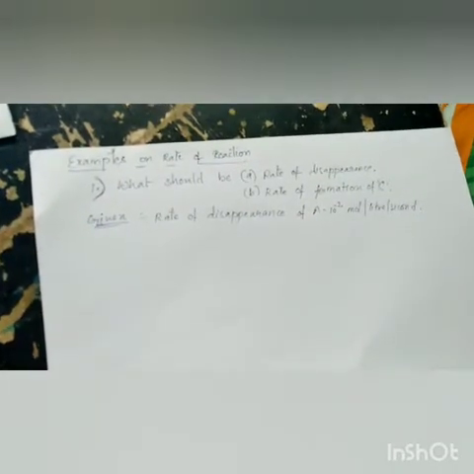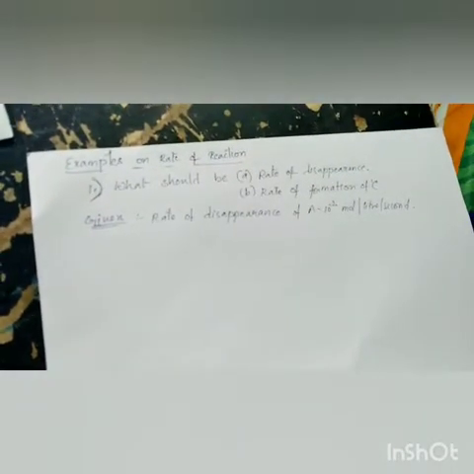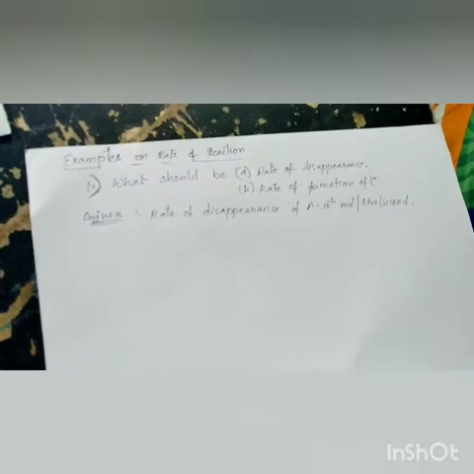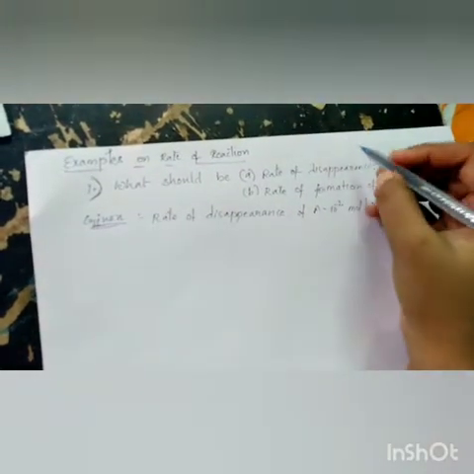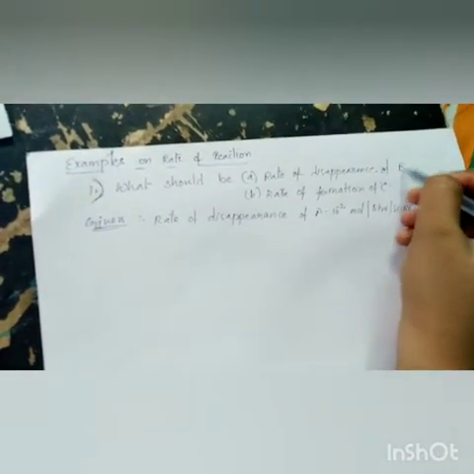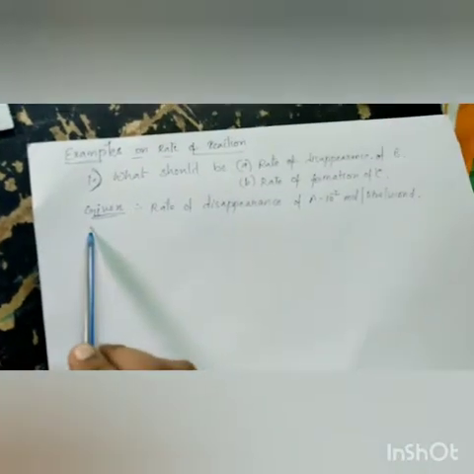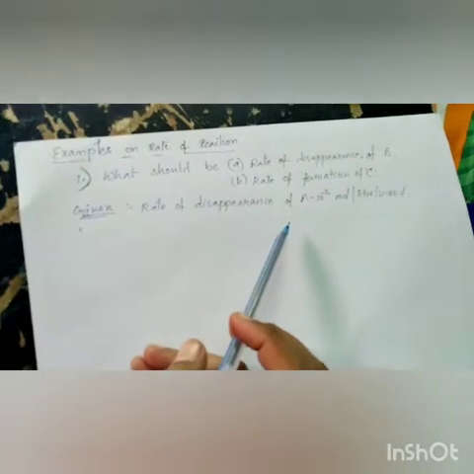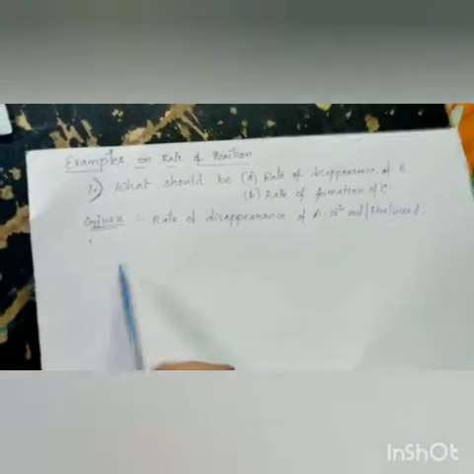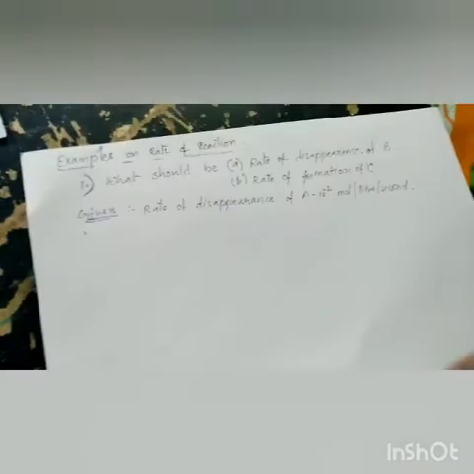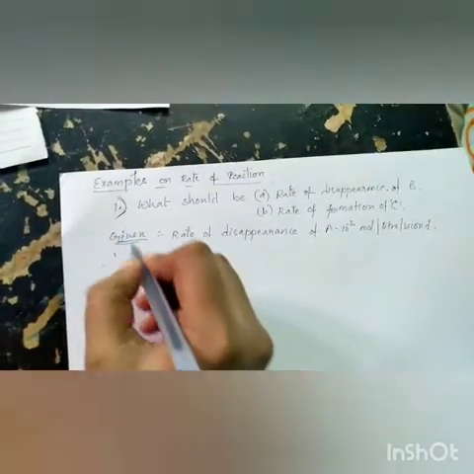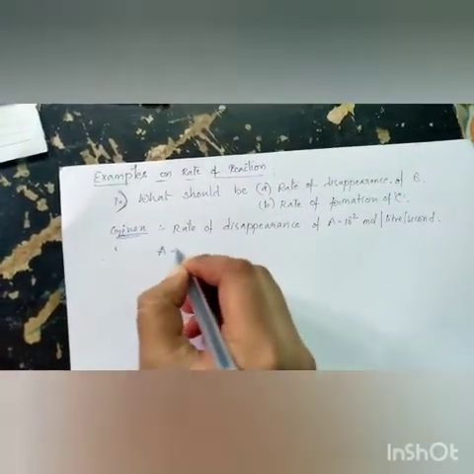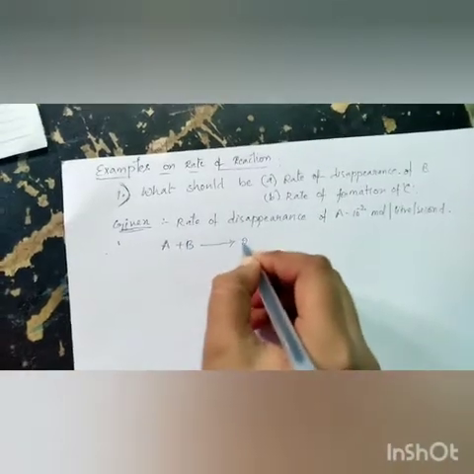See, this is a question asked. What should be the rate of disappearance of B and the rate of formation of C? They have given the rate of disappearance of A as 10 power minus 2 mole per liter per second, and the reaction given is A plus B gives rise to 2C.